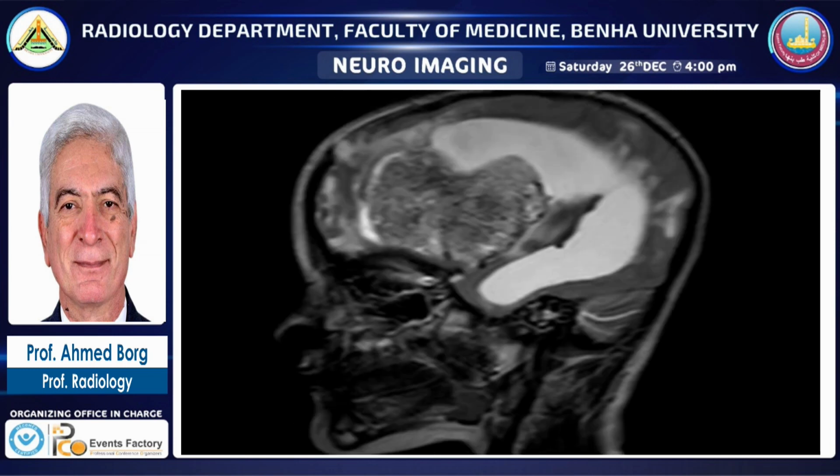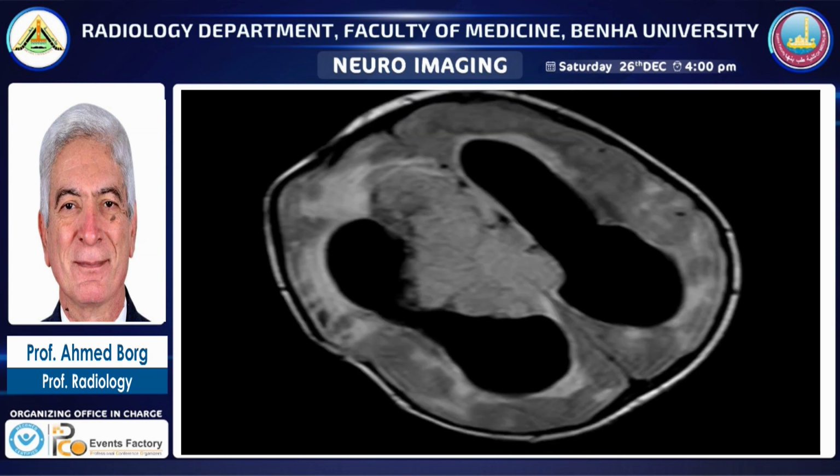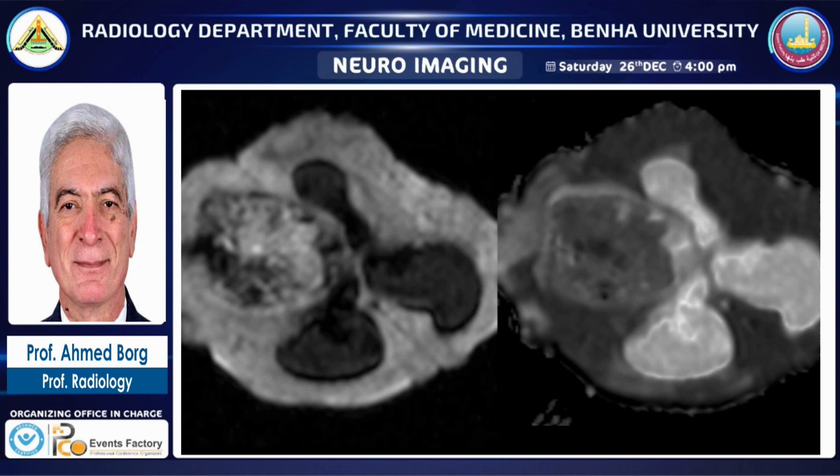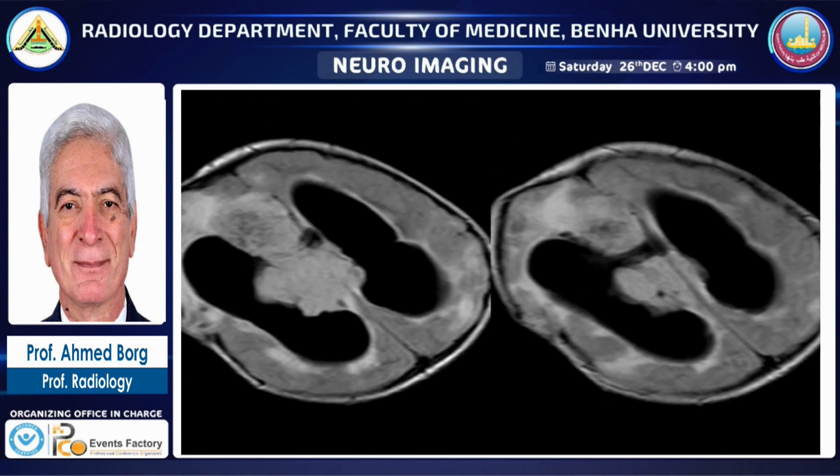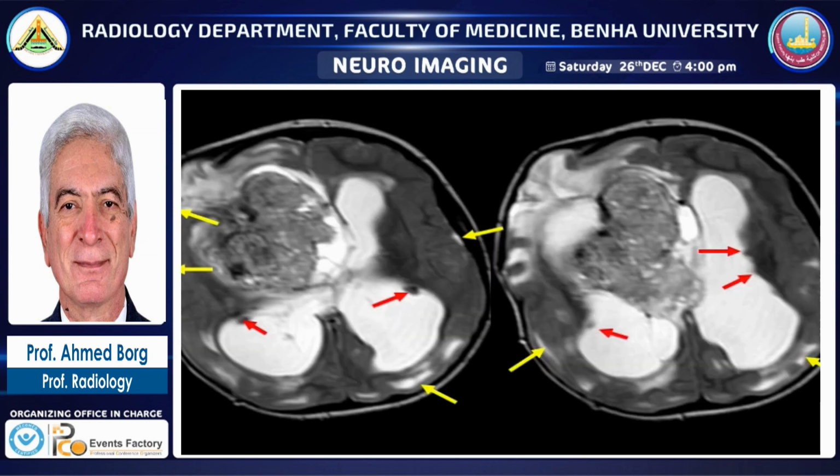Again, the large mass at the foramen of Monroe, and the cortical and subcortical tubers and very small subependymal nodules on diffusion weighted image and ADC map. Subependymal nodules are marked in red color, and cortical and subcortical tubers with yellow colored arrows.